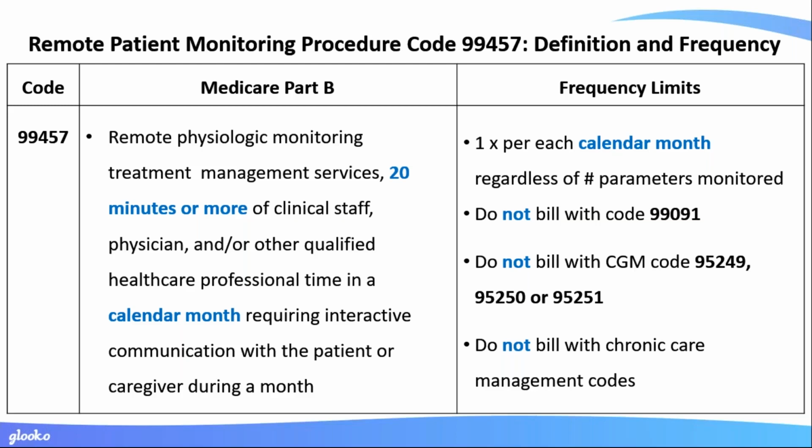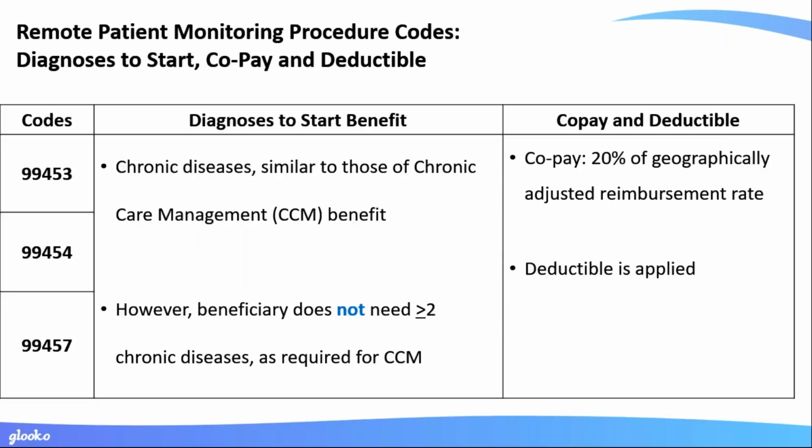In chronic care management, the beneficiary has to have 2 or more chronic diseases that are going to get worse over time or could lead to death or severe morbidity. So there are different rules, but we can't bill CCM or chronic care management codes at the same time for the same patient with 99457.